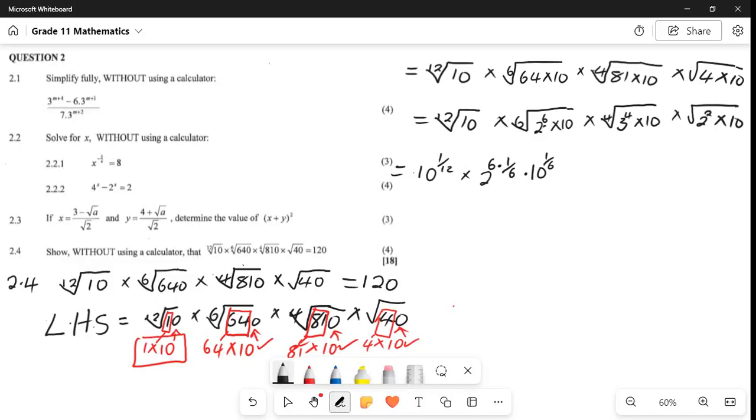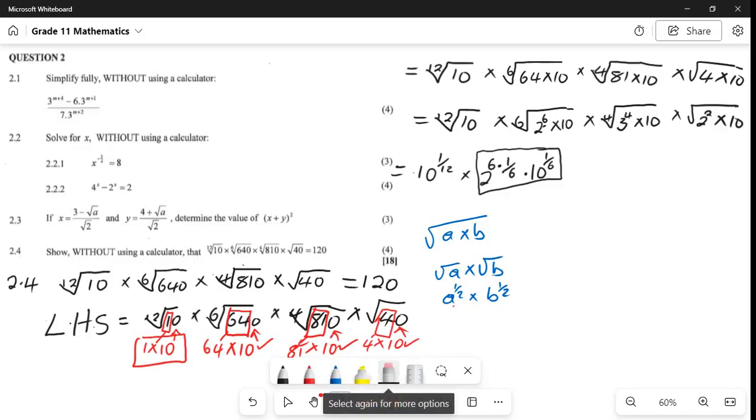And let me show you where this is coming from. You will remember that the square root of a times b is the same as the square root of a times the square root of b, which is a to the exponent half times b to the exponent half. If you know that, then you will see that we have applied the same method.